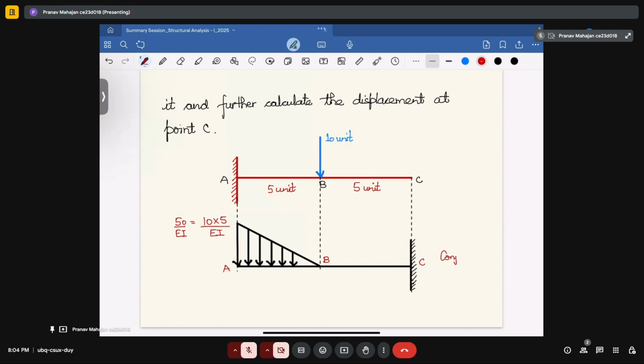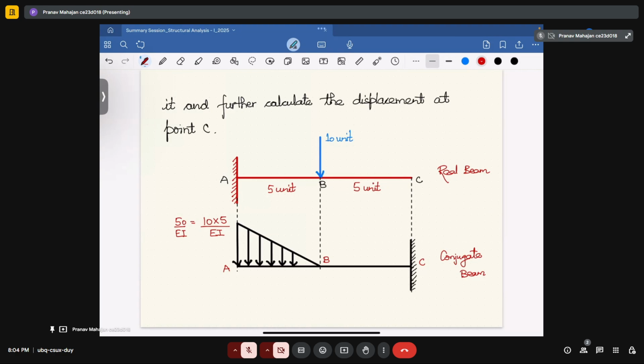So this is your conjugate beam, and the above one is your real beam. Okay. Now to determine the displacement at point C, you will determine the moment of the bending moment diagram between A and B. This is not the moment area method, this is the conjugate beam method.